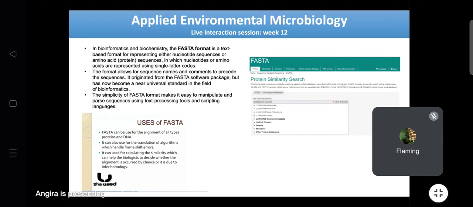So if there is a shift of the transcription frame, that also can be done in FASTA. We also can calculate the similarity between two sequences, and therefore this will help the scientist to decide if the alignment of the nucleotides has occurred correctly, or it can help us to infer about the homology between the two sequences, or the amount of relatedness between the two sequences.